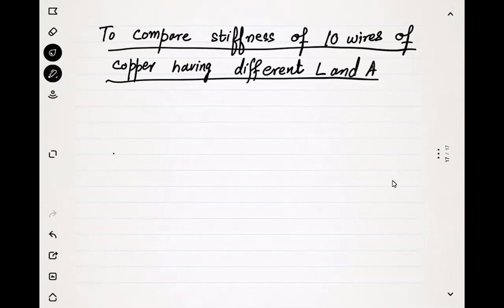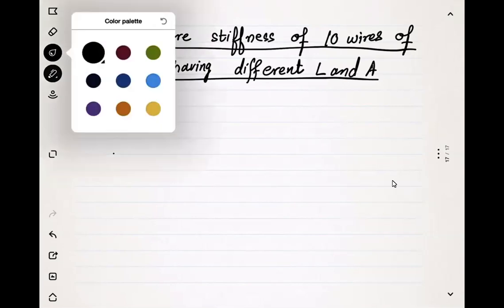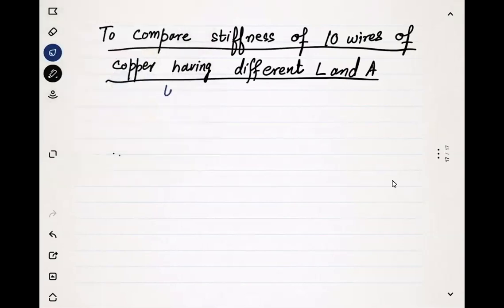If the stiffness of 10 copper wires with different length and area is to be compared, since all the wires are made of copper, length and area are the independent variables, so you have to use Hooke's constant.